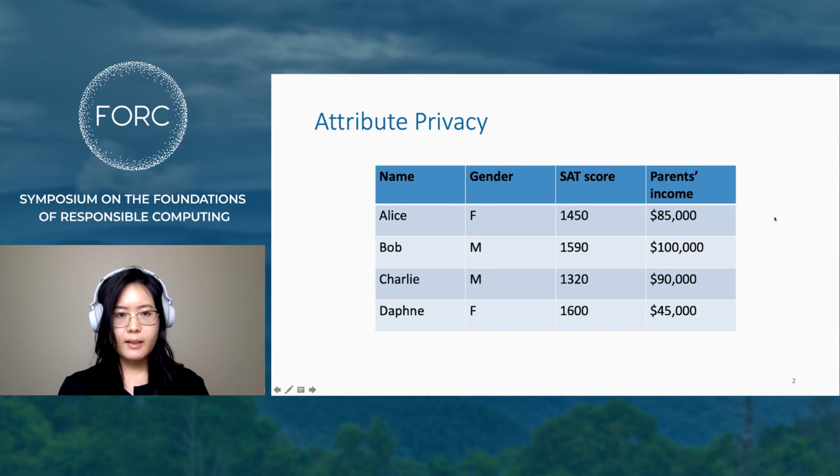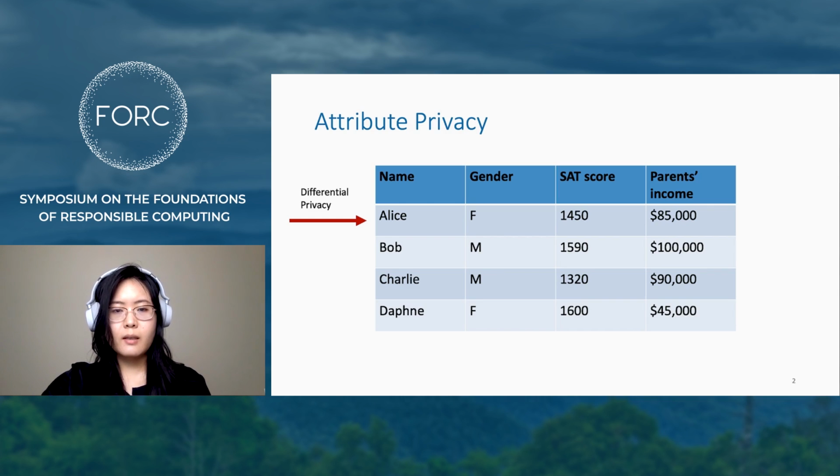Attribute privacy protects the global properties of sensitive attributes in a dataset from leaking during analysis. For those of you who are familiar with differential privacy, we're used to thinking about privacy at the individual level, corresponding to rows of a database. And then we ask questions of the form: what can an adversary learn about Alice's data based on an analysis of this dataset?